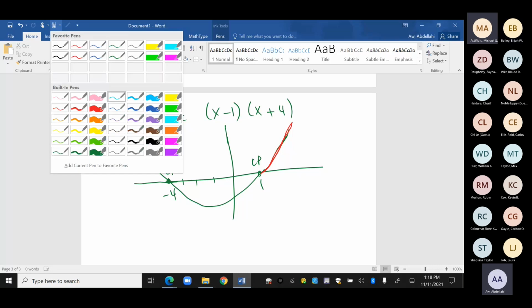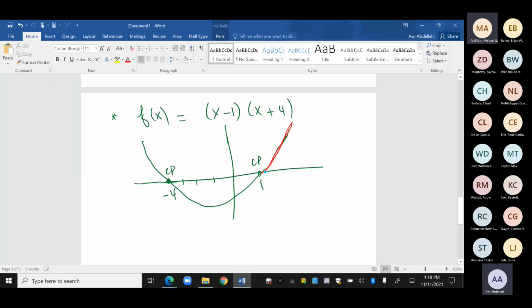So now, if I ask you where f is positive, on what interval? From what to what? From 1 to positive infinity, exactly. That is just one side.